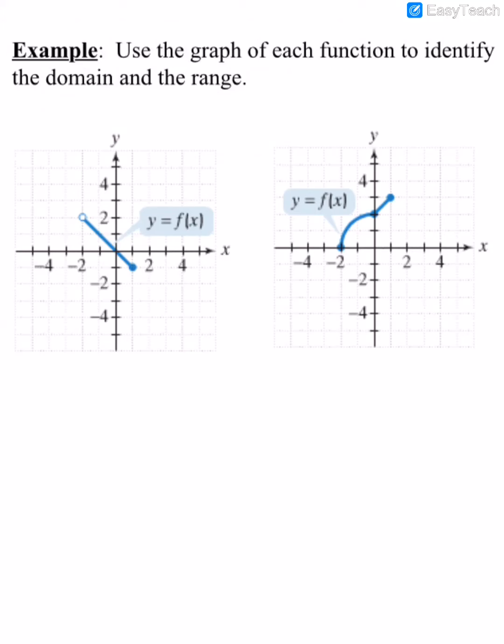Okay, it says use the graph of each function to identify the domain and the range. Well, if you'll remember, domain are the x values of our function. So when we're trying to determine what the domain is, we're only going to be looking at the x-axis. So if I look at this first graph, we don't care anything about this y-axis.